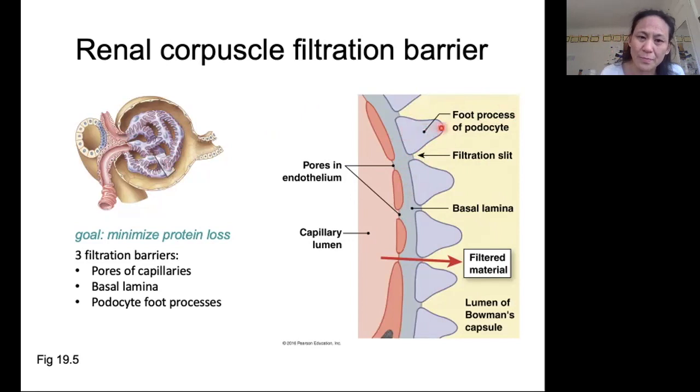The podocytes wrap around the capillary, but between the podocytes are these little slits, okay? And that's where our filtered material is going to move through, okay? And the filtration slits are skinny enough that proteins can't go through, but other solutes and water can go through, okay?